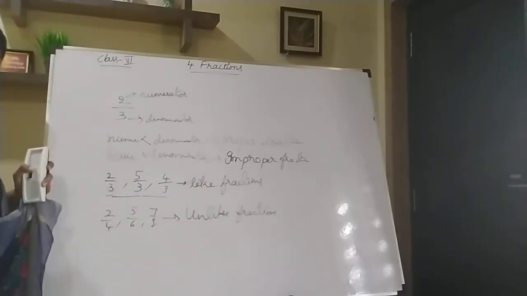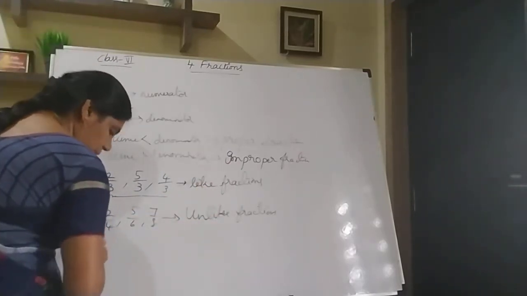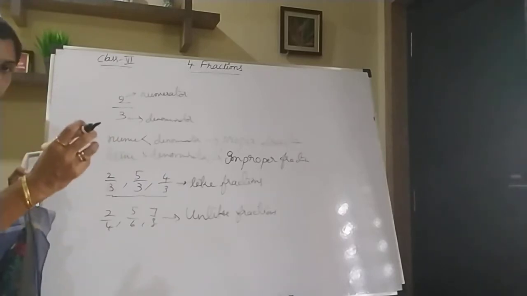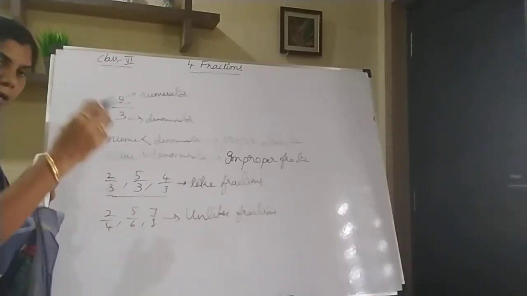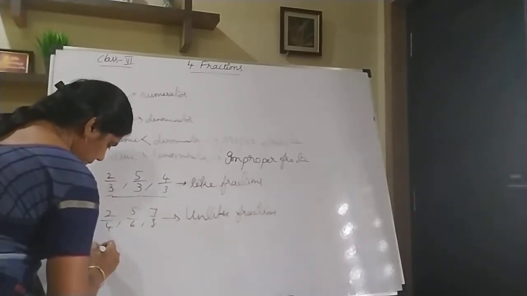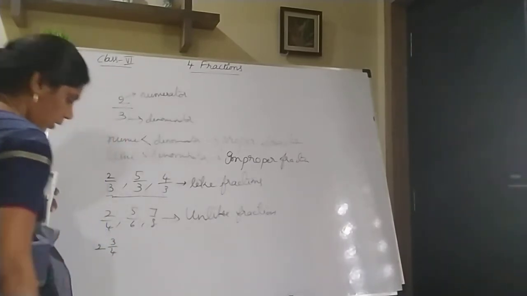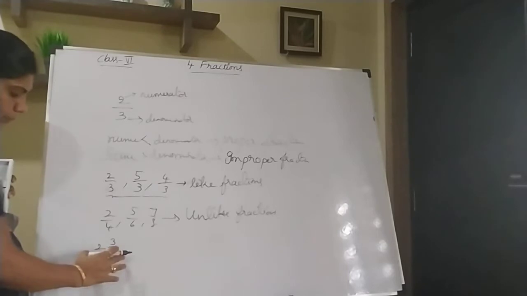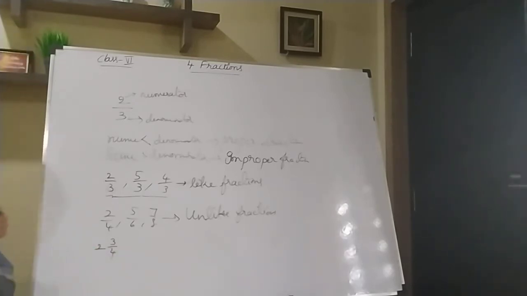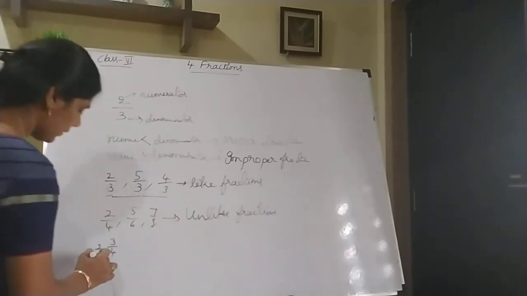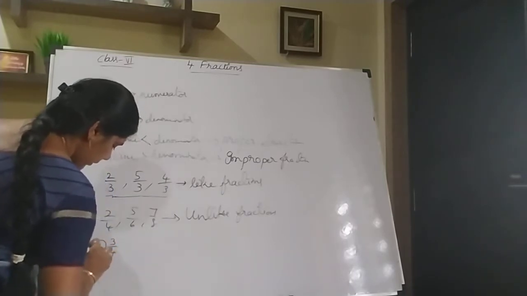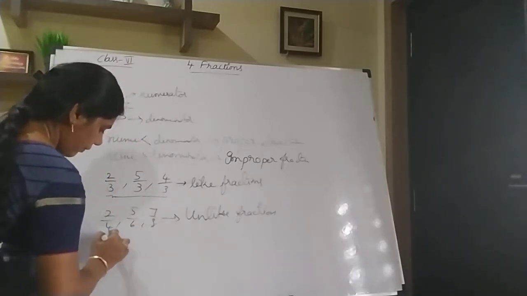Now we will see mixed fraction. So mixed fraction means combination of a whole number and a fraction. Okay. See here 2, 3 by 4. So this is one mixed fraction here. Here this is a whole number and this is a fraction.